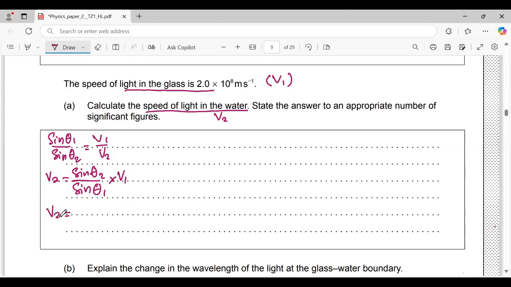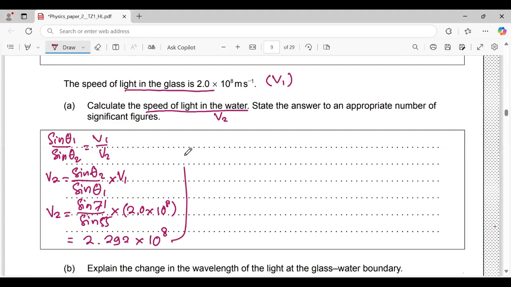Now, if we substitute this information into this formula, it's going to be sine 71 over sine 55 times 2.0 times 10 power 8. And the result is 2.292 times 10 power 8.